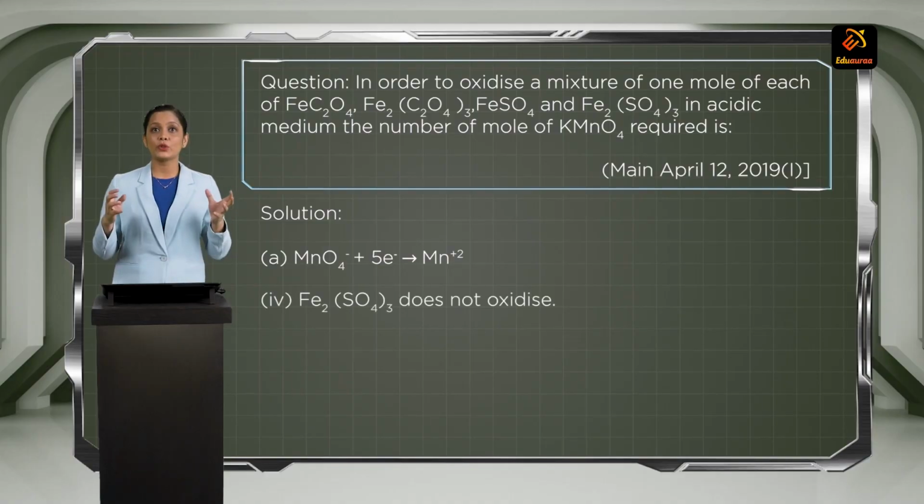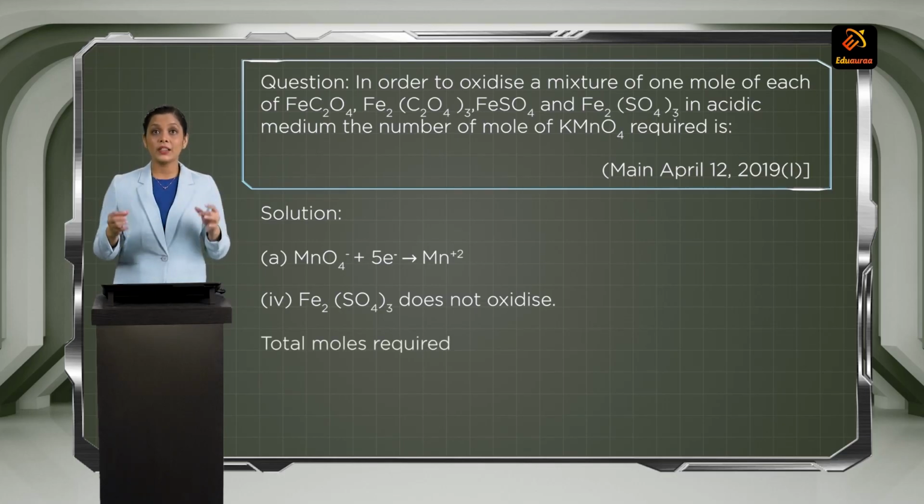The last compound, that is Fe2(SO4)3, ferric sulfate, wherein iron is in +3, which is the highest possible oxidation number for iron, and it will not get further oxidized. So students, the last compound does not oxidize.